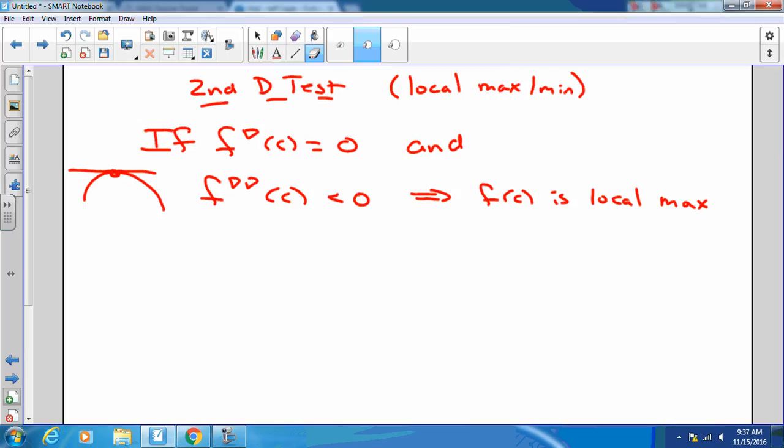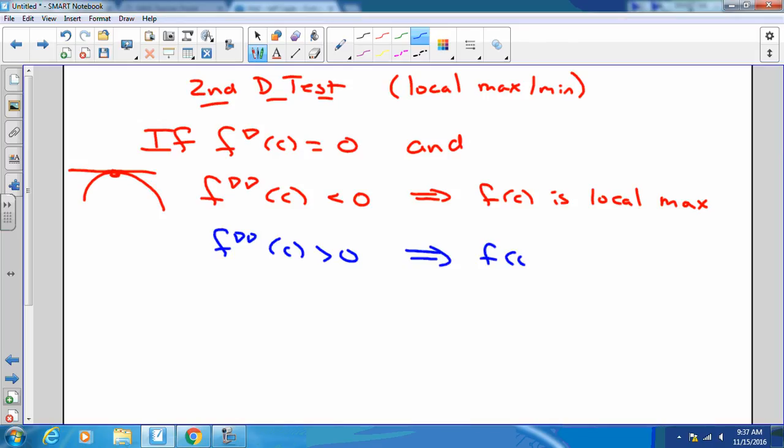If, on the other hand, f double prime of c is greater than 0, then this must imply that f of c is a local min.